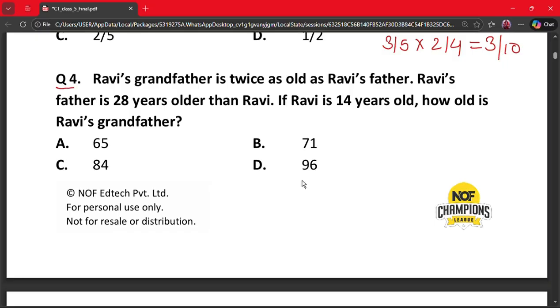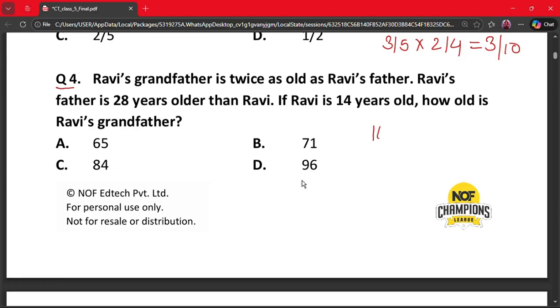Ravi's grandfather is twice as old as Ravi's father. Ravi's father is 28 years older than Ravi. If Ravi is 14 years old, how old is Ravi's grandfather? A. 65, B. 71, C. 84, and D. 96. So father is 28 years older than Ravi.